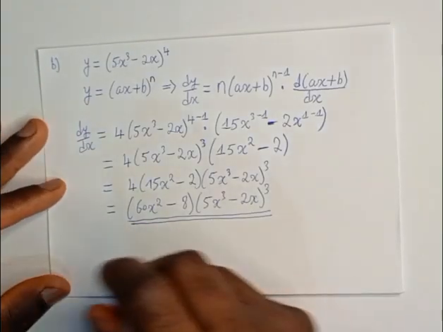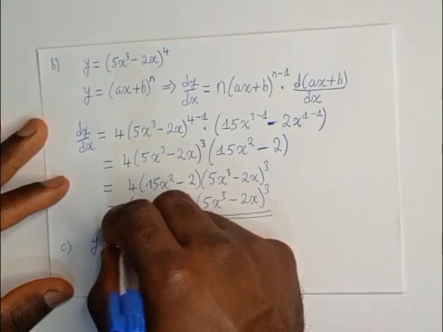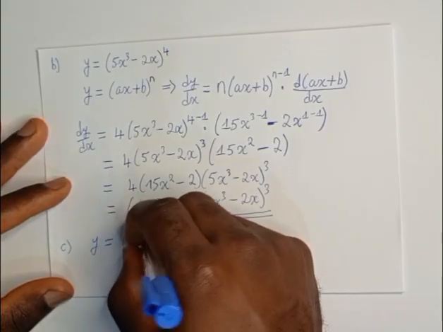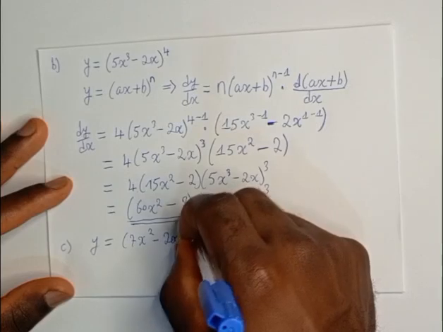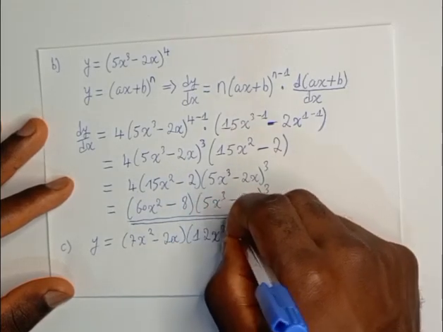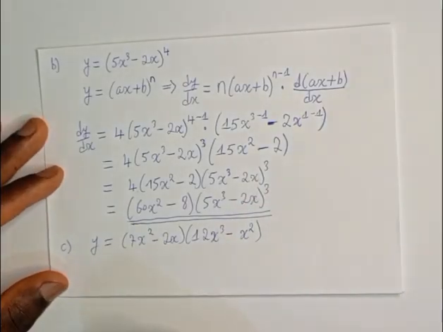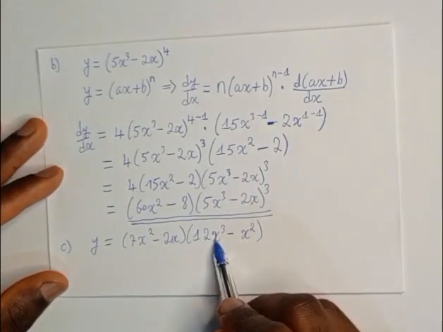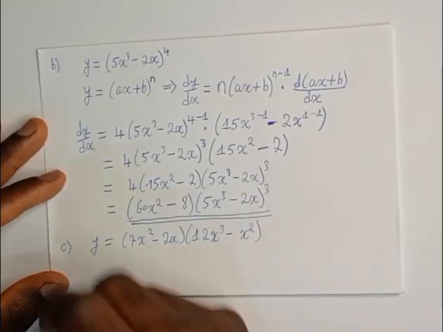We go now to question C. For question C, we have y equal to 7x squared minus 2x times 12x cubed minus x squared. For us to differentiate this function, you see that it is a product of two functions. We are going to apply the product rule.